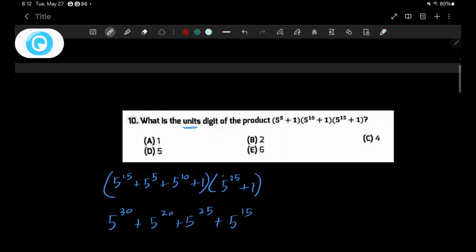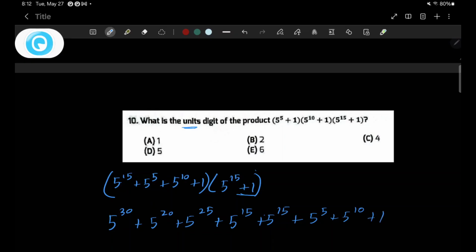Now we will have to put this 1 as well, right? So 1 times 5 to the power of 15 is 5 to the power of 15, plus 5 to the power of 5 times 1 is 5 to the power of 5, plus 5 to the power of 10 plus 1.